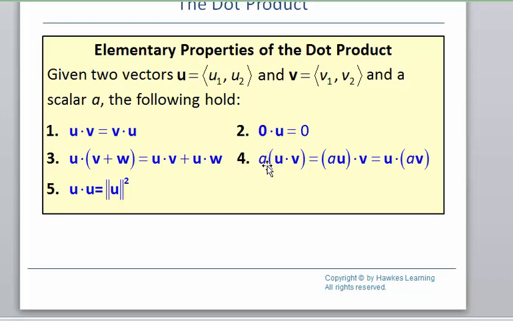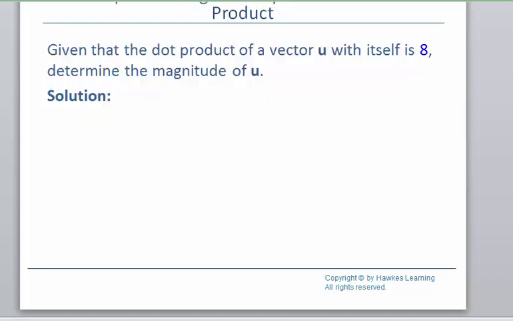Here we have as number 4, a times the dot product is going to be the same thing as a times vector u dotted with v, or you could do u times a times v. And then the fifth one says that if you take the dot product of a vector and itself, it's equal to the magnitude squared. And so we're going to look at an example using this, and we'll come back and use some of the other ones at another point in time.